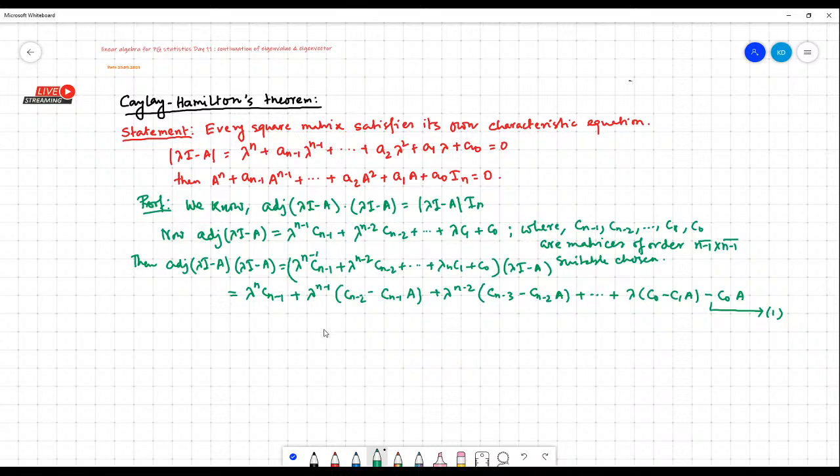Now lambda In, this is equal to lambda n In.